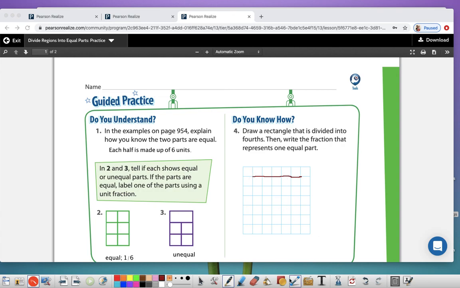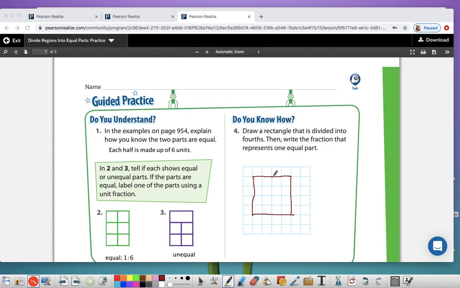Oh, I think that might be a little bit too big. I think I'm going to erase that one there. I don't want to make it quite so big. I got to think about my sizing here. And then you got to make sure you make it the same size.